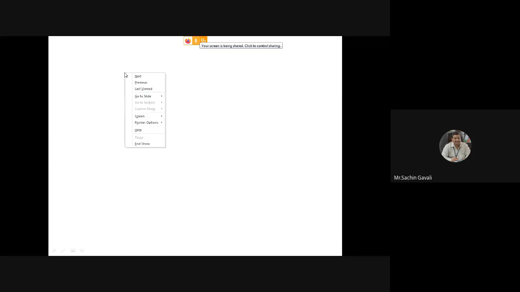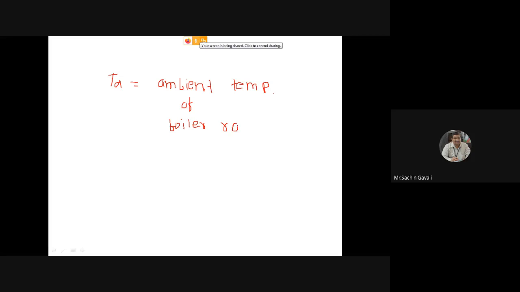And Ta is the ambient temperature of boiler room.